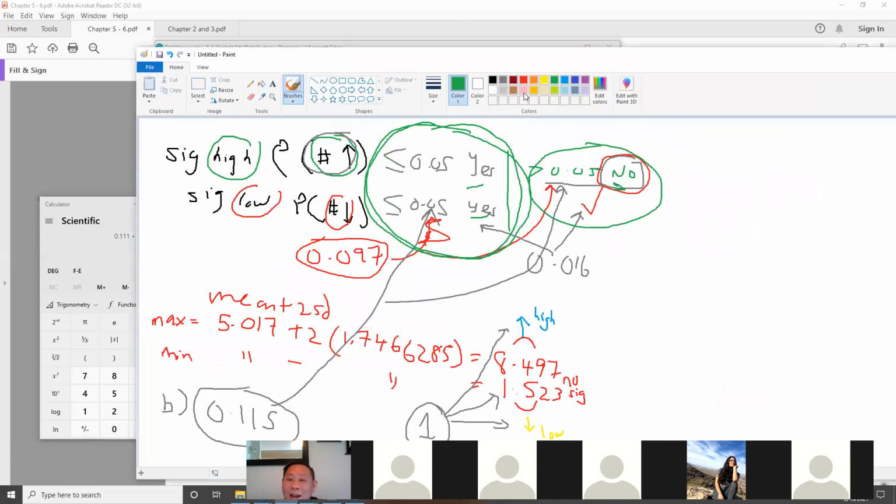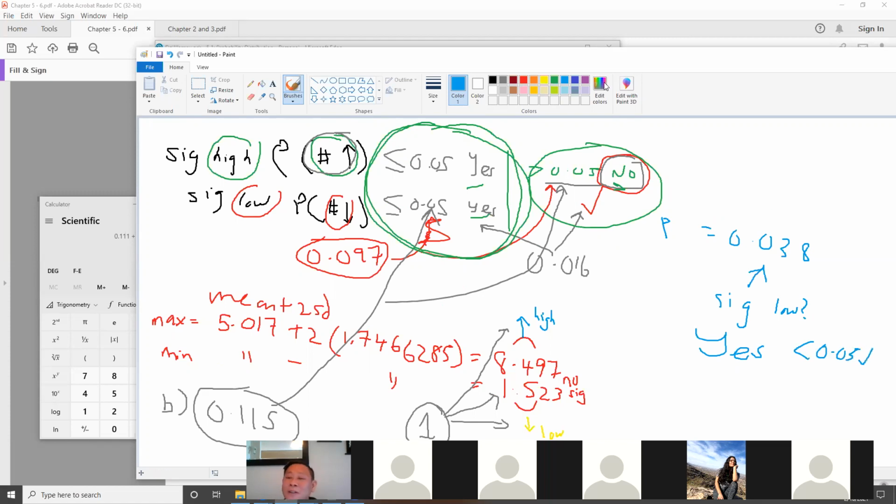Okay, let me do one more time. If your probability came out to be 0.038, is this significantly low? Yes. Why? Because this is less than 0.05.